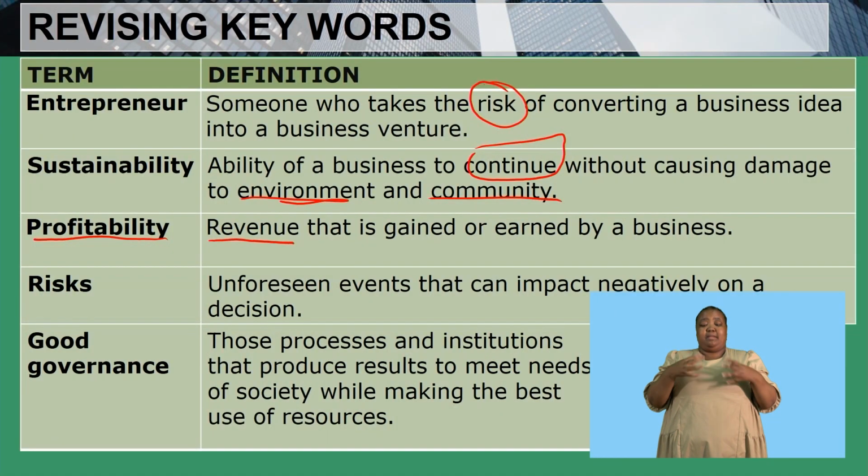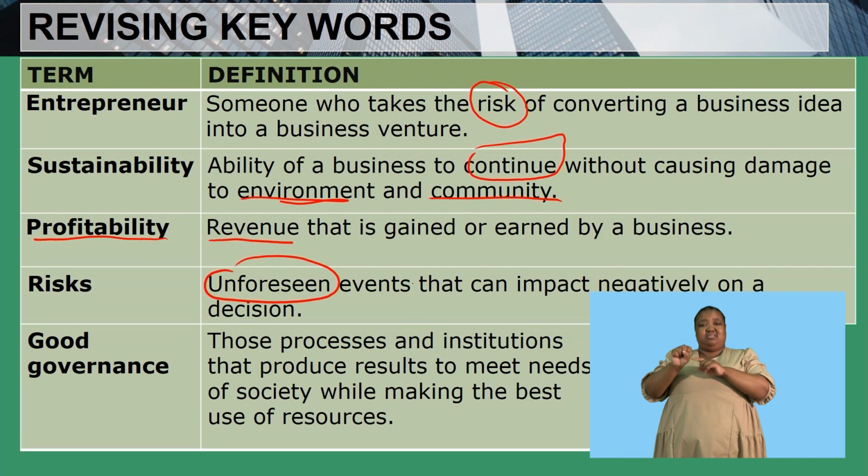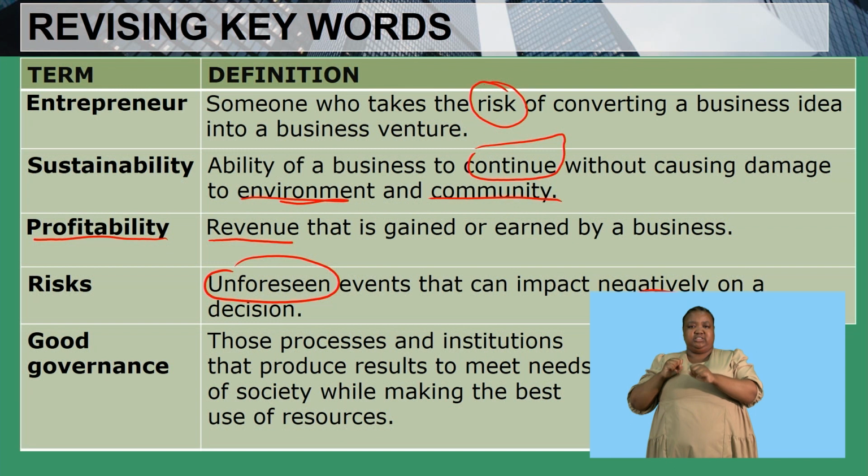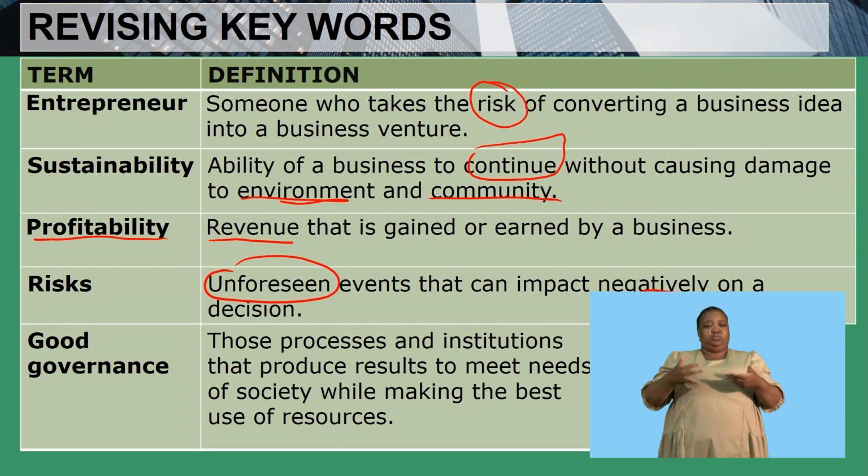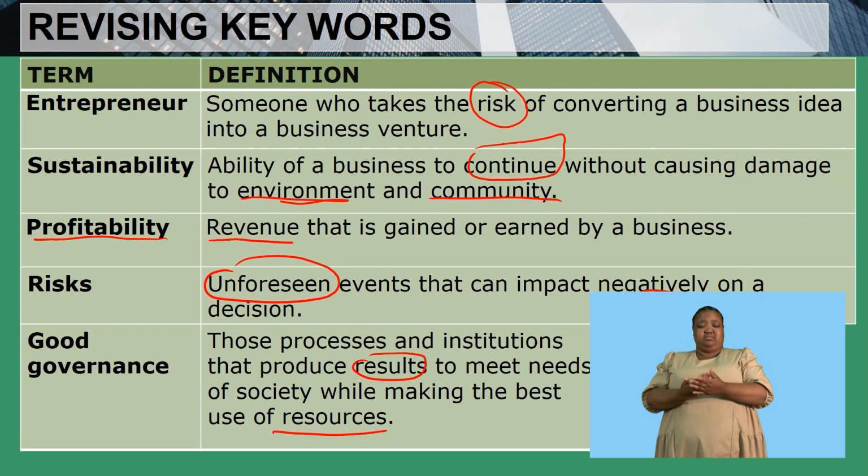The next keyword is profitability, which is simply defined as the revenue that is gained or earned by a business. We then have risk, which is an unforeseen event that can impact negatively on a decision. We also have good governance, which is defined as the processes and institutions that produce results to meet the needs of society while making the best use of resources.